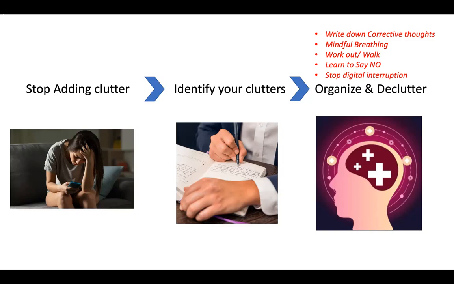And last but not the least is stop digital interruption. When you start to organize and declutter yourself and you are getting into the process, you will see that there will be multiple interruptions. What do I mean by interruption? To give you an example, let's say you just sat down and you said, okay, I want to hammer it, I want to get this thing done in the next half an hour.